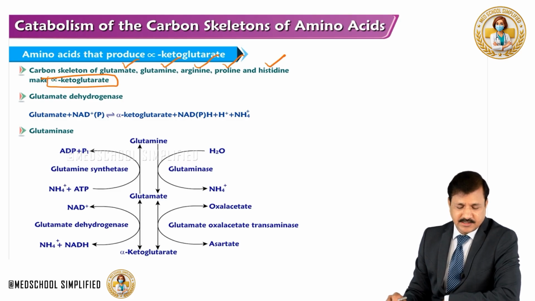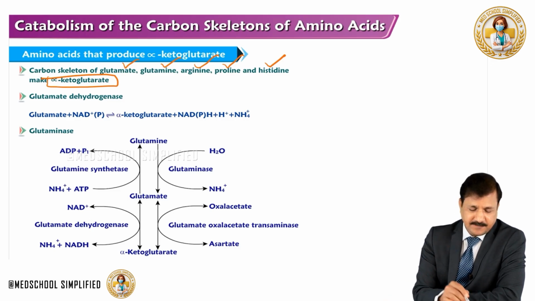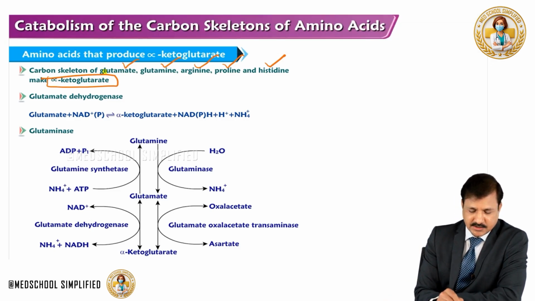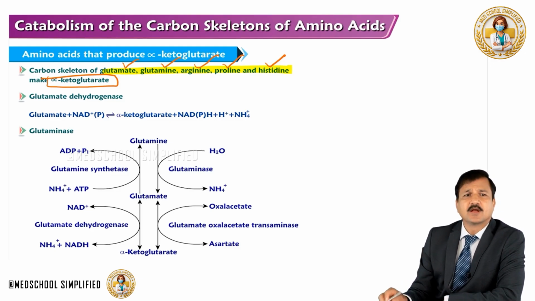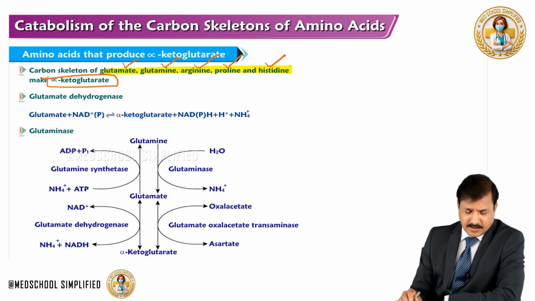All these are the amino acids that make α-ketoglutarate as their metabolic intermediate. So those amino acids are glutamate, glutamine, arginine, proline and histidine. Now let's look into that one after the other.